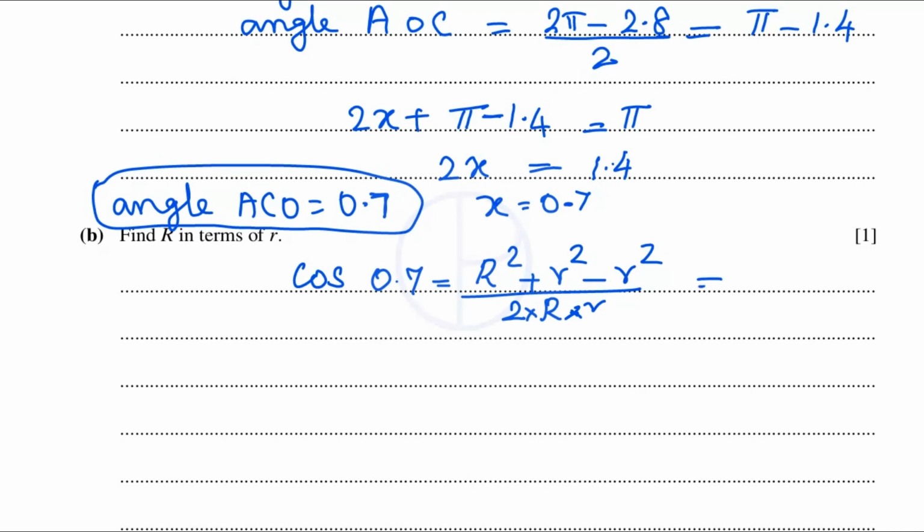Okay, so this is nothing but R squared divided by 2 capital R small r, which is equal to capital R divided by 2 small r, which is cos 0.7.